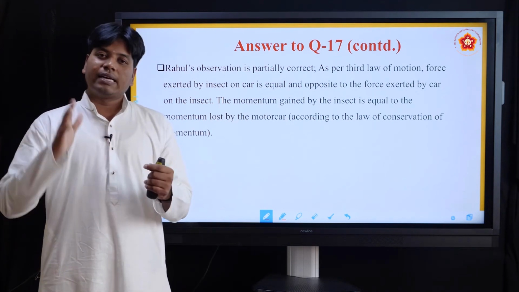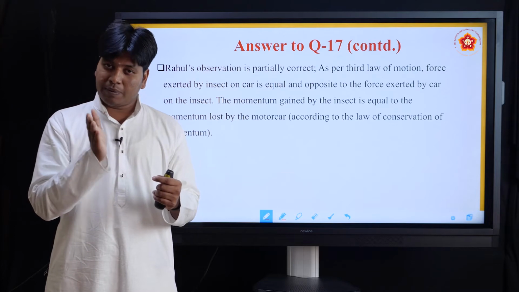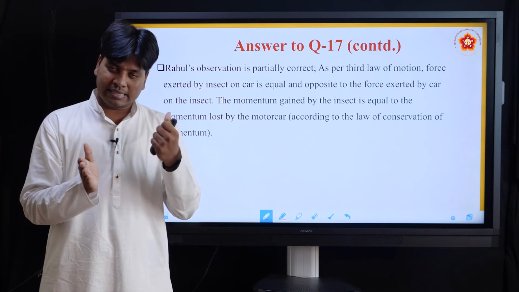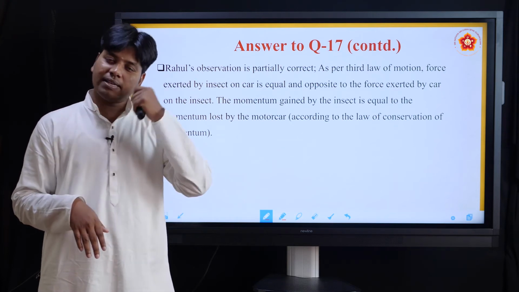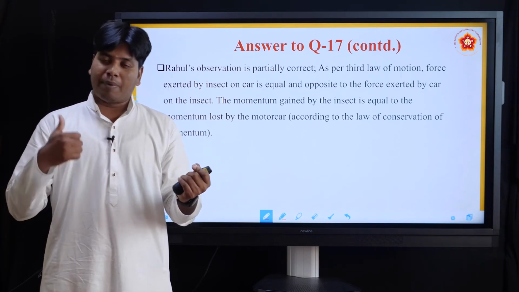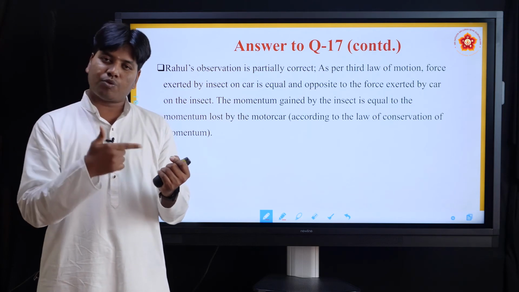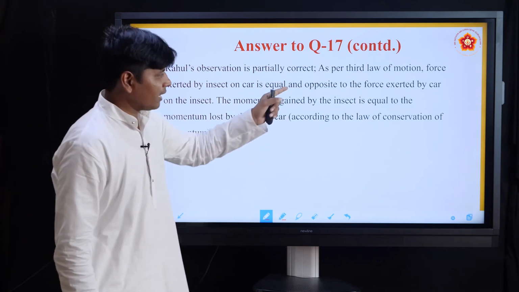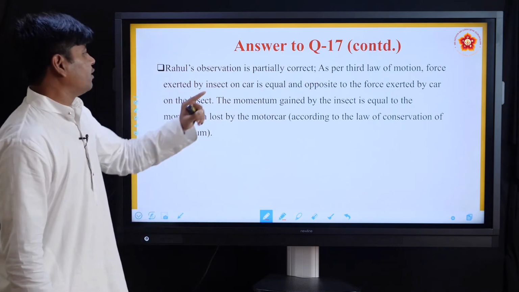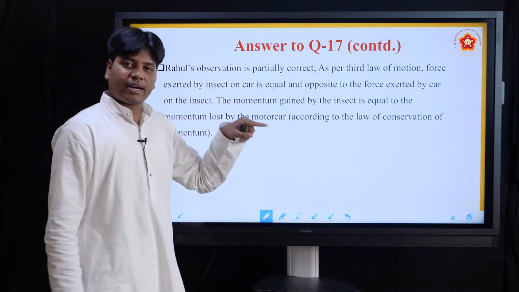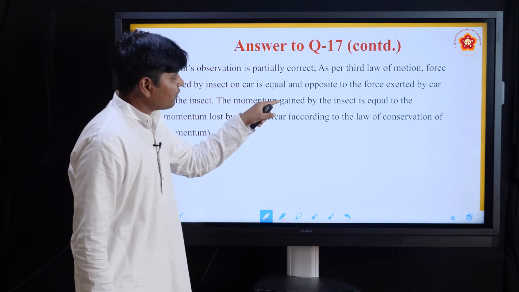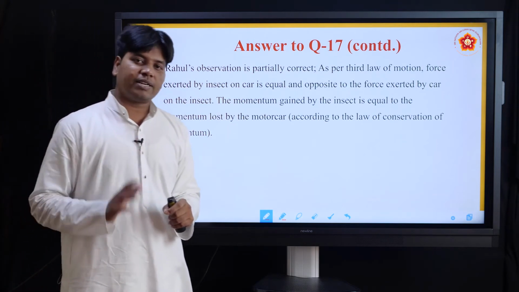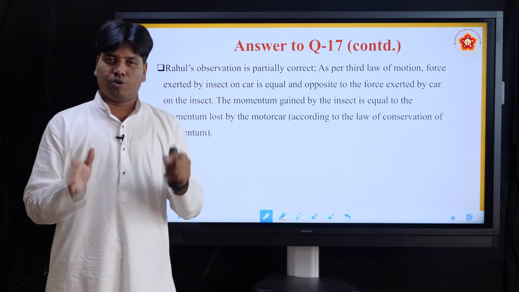That is what this law says. As per the third law of motion, the force exerted by the insect on the car is equal and opposite to the force exerted by the car on the insect. So his first statement is right. The force is the same on both.